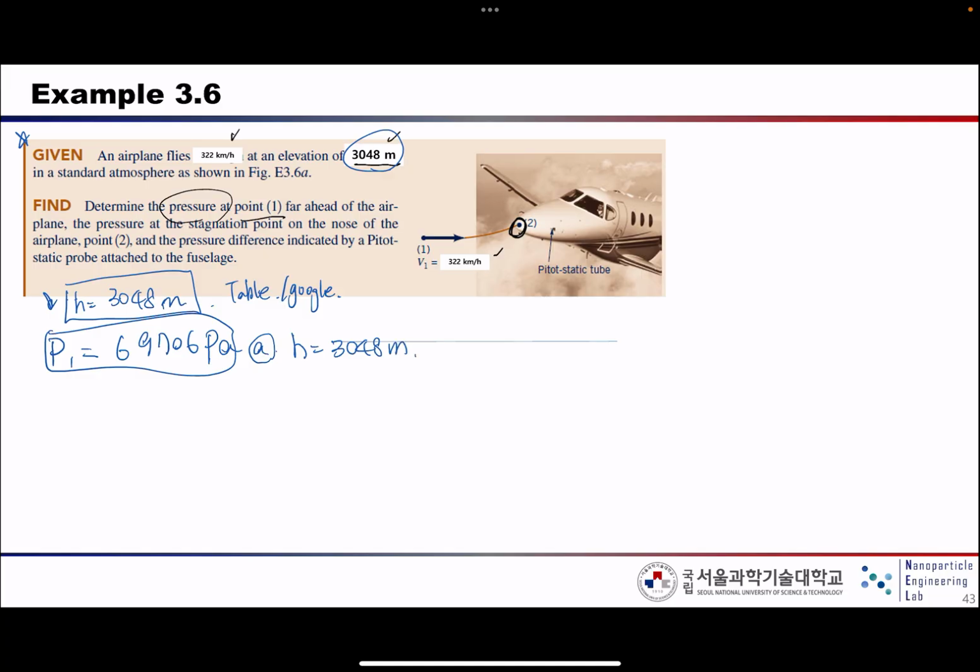Because we already know here is the stagnation point, P2 equals P1 plus rho V squared divided by 2.